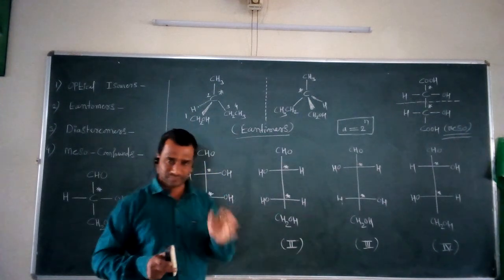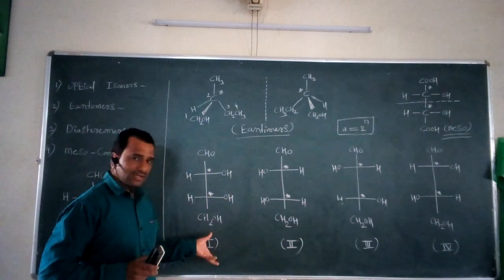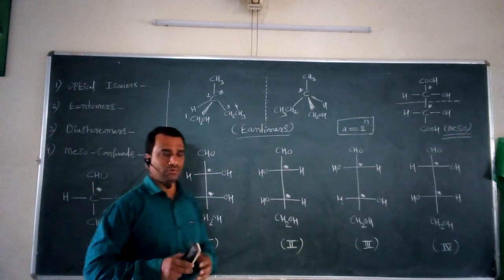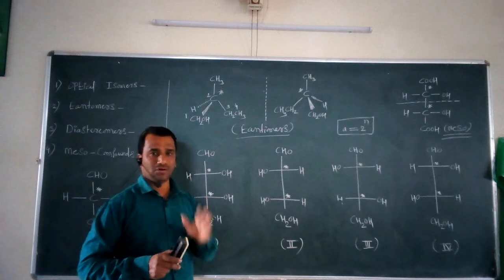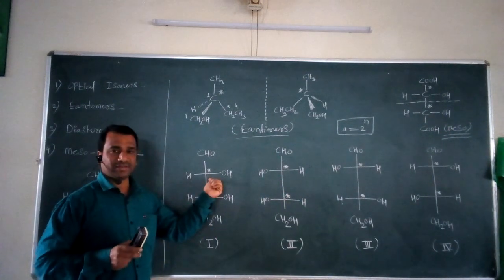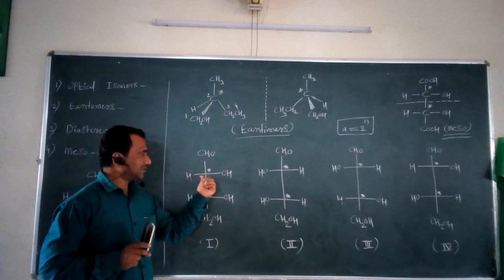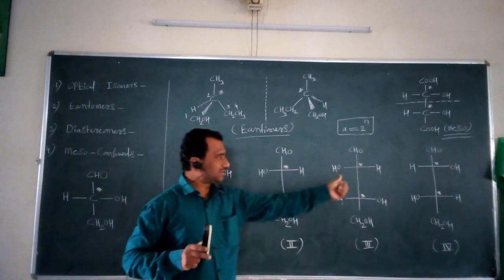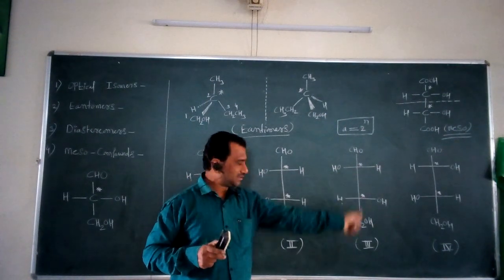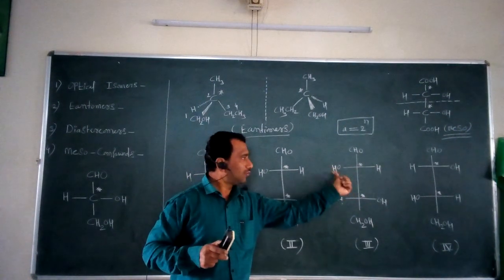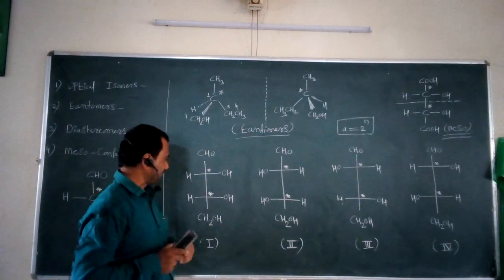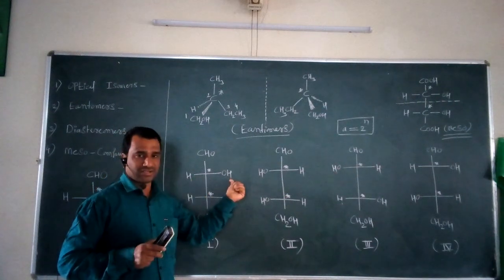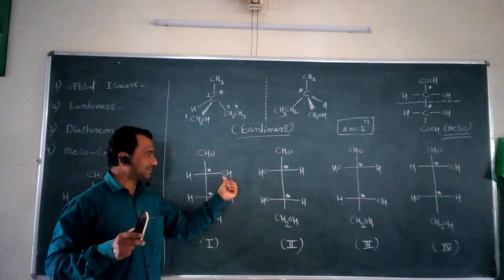But now, if we consider stereoisomer number first and stereoisomer number 3, what happens? The first chiral center has the two substituents H and OH. If we compare it to the first chiral center of the third stereoisomer, it has OH and H. So you can say that this first chiral center gets inverted. On the left hand side, H is attached, and on the right hand side, OH is there.